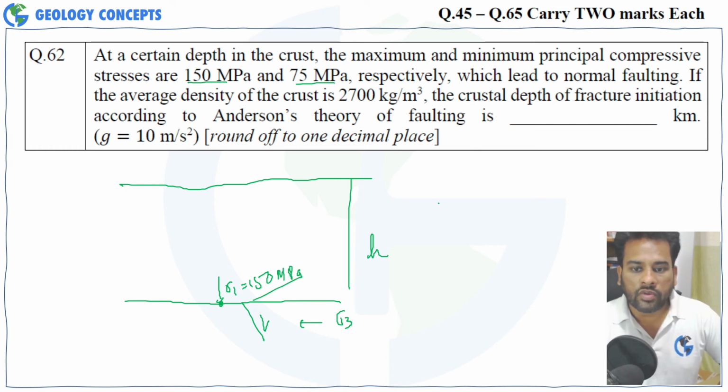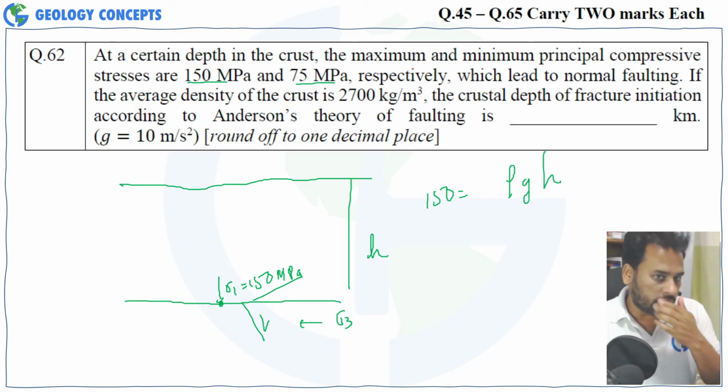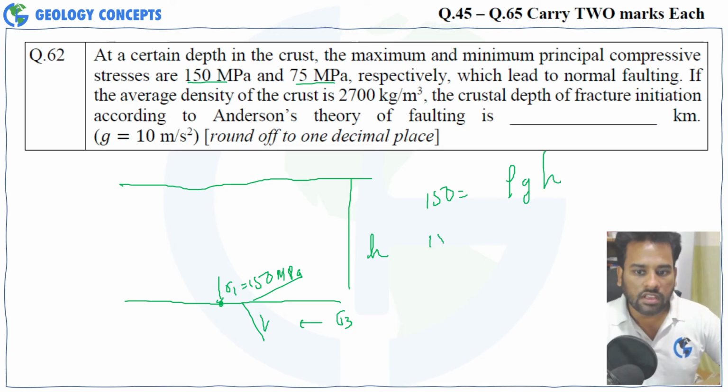So now I can equate this: 150 equals rho g h, and I can calculate the value of h. So 150 is equal to rho, 2700, into g, which it asks to take as 10, and you have to calculate h. The stress is in megapascal, so 10 to the power 6 Pascal.